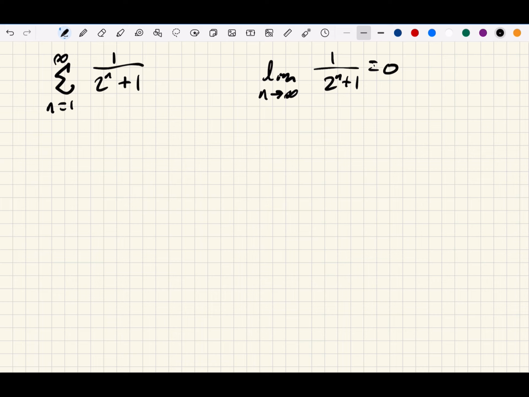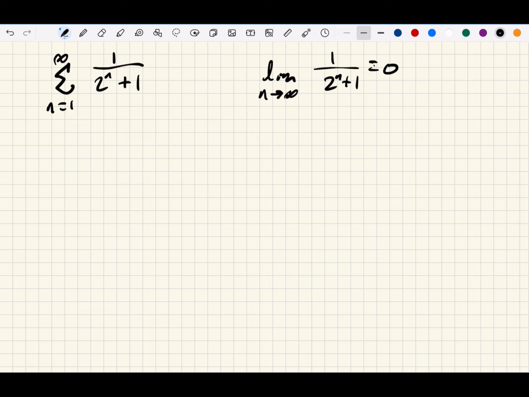And so what I might do is think about, can I think of a series that I know converges that maybe I could compare to that one? What's that plus 1 in the denominator doing? It's making the fraction itself smaller because it's increasing the value of the denominator, right?